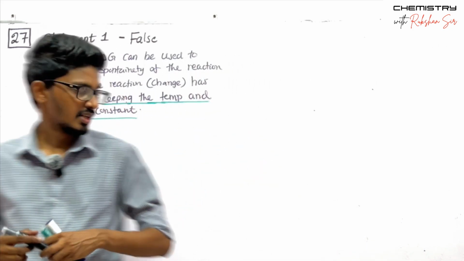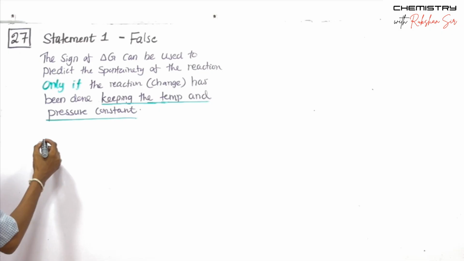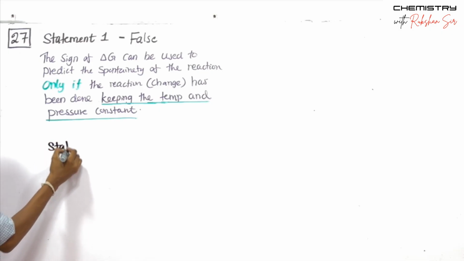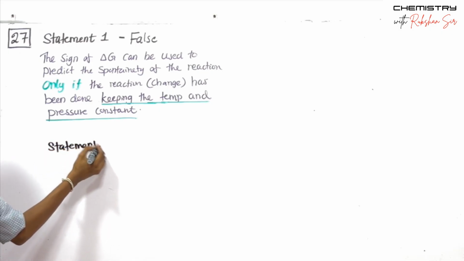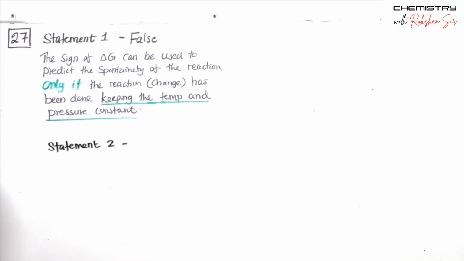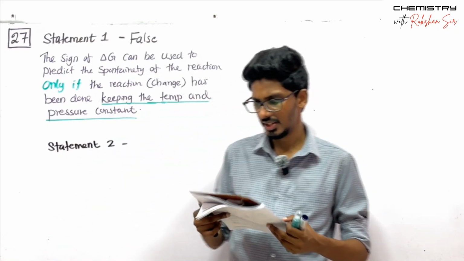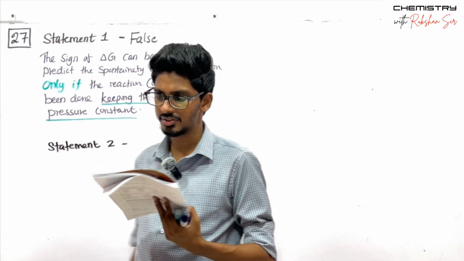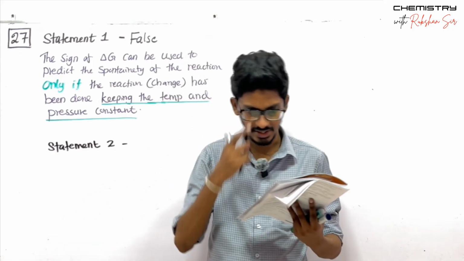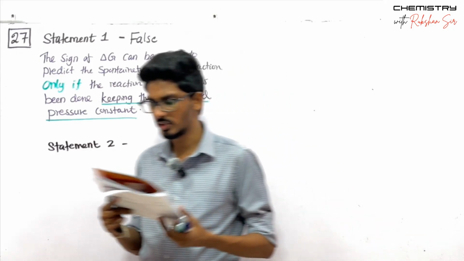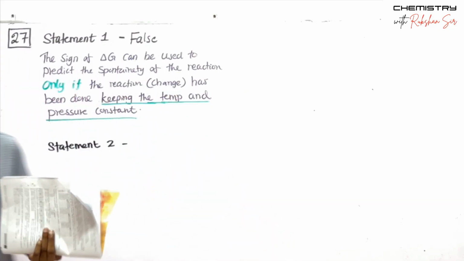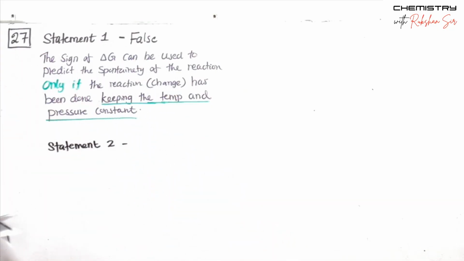Now statement 2. See what this is: Gibbs energy change can be used to predict the direction of the reaction only under constant temperature and constant pressure. Yes, this is what it says.